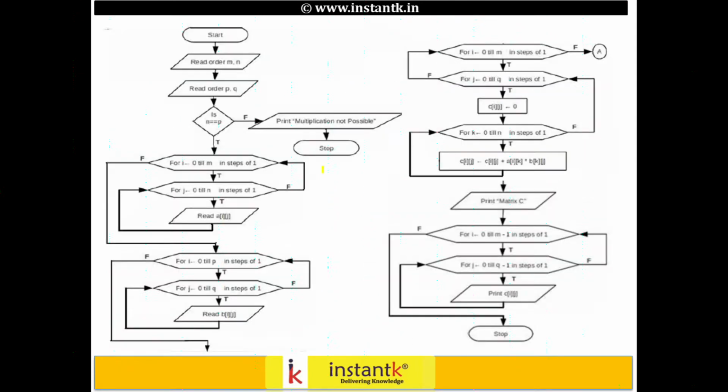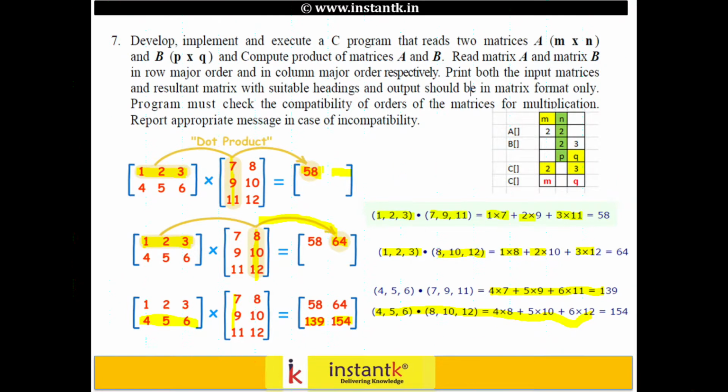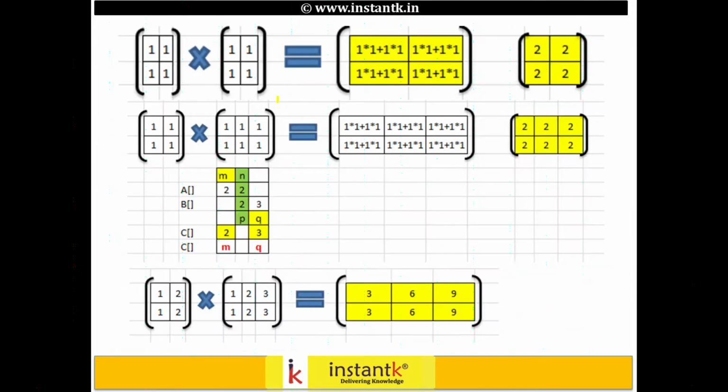So coming back, they have asked that a suitability check needs to be done, which is explained here. For example, a 2 into 2 matrix A can be multiplied with a 2 into 2 matrix to get a 2 into 2 matrix.